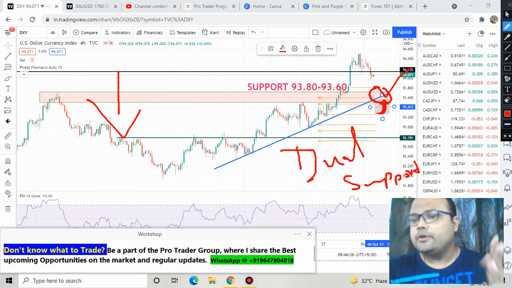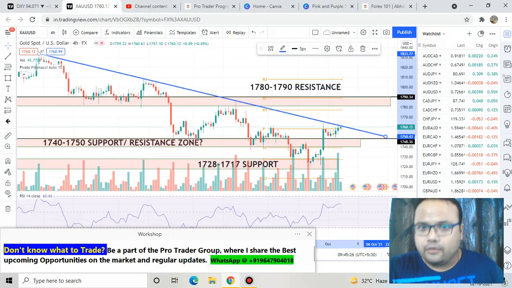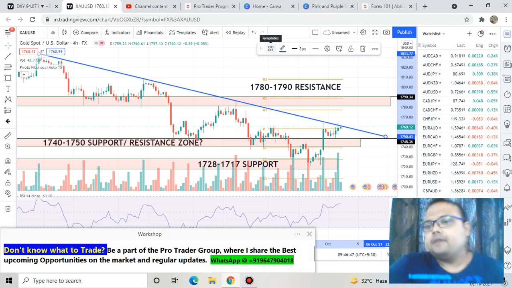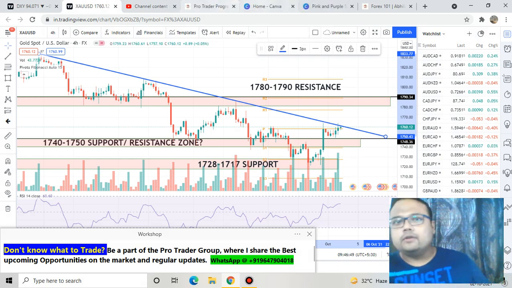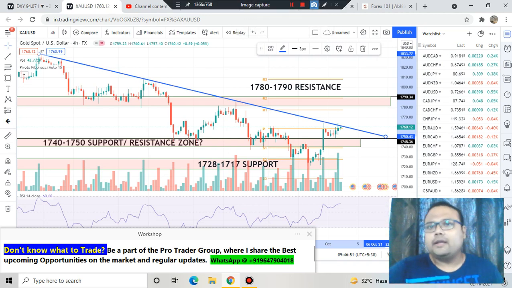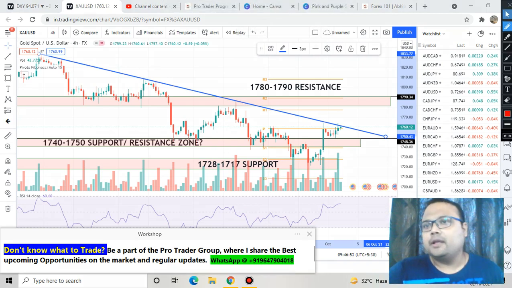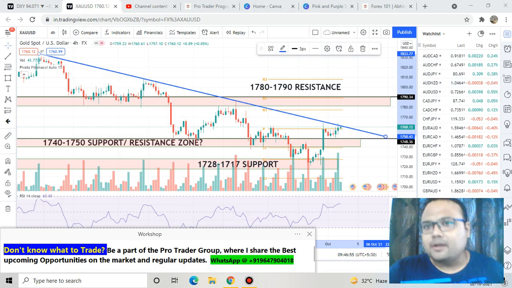So whatever you do, just keep in mind that you consult with the chart of the US dollar. And if you are a beginner, if you have been trading for the last couple of days, then I request you to avoid gold USD, because the chart is quite complicated. You do not need to risk your hard-earned money on a chart that is extremely complicated.